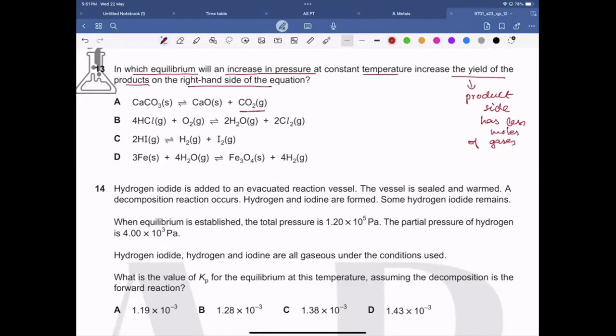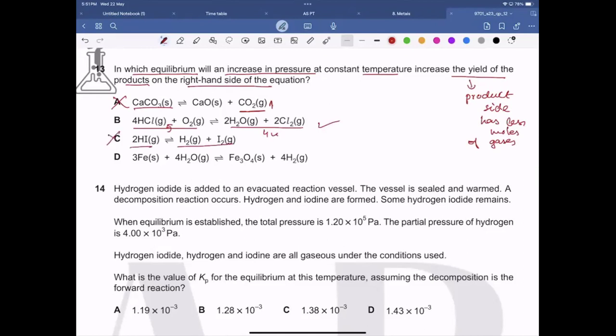So if you see here there is 1 mole of a gas and here there is none. So the product side has more moles of a gas, so A goes wrong. Then if you see there are 5 moles of gases over here and over here there are 4 moles of gases. So that can be a correct answer.